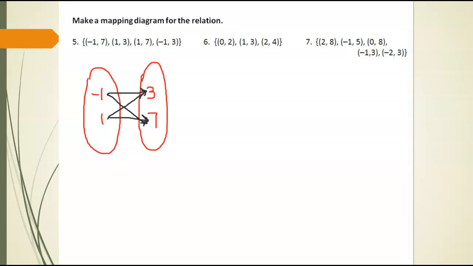If we recall, and what we're going to talk about tomorrow, in a mapping, if more than one point goes from the domain to the range, it is not a function. So tomorrow we're going to talk about what is a function. But if we look at number 1, we should be able to tell that is not a function.